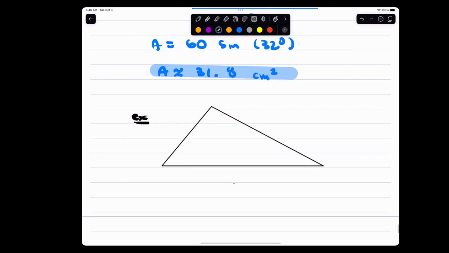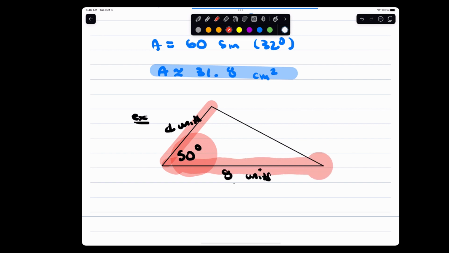If the angle here, let's say here's 50 degrees, here's 4 units, and then here's maybe 8 units, it won't matter because we say here's going to be the side they gave us, the angle they gave us, and another side. Let's just keep the word unit out.